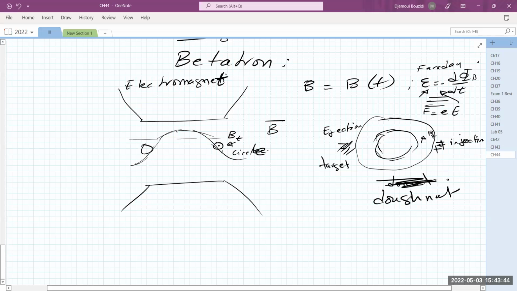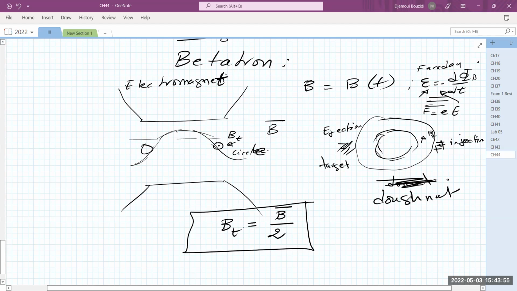Well, the condition for that is, I mean, the calculation is a little bit longer, but it's going to give you this condition. As long as you maintain a tangential value for the magnetic field that is half the average of the magnetic field all around, then you can increase it as you wish. The particle is confined in that torus. It's going to stay in that radius, and it's going to gain velocity as you go.